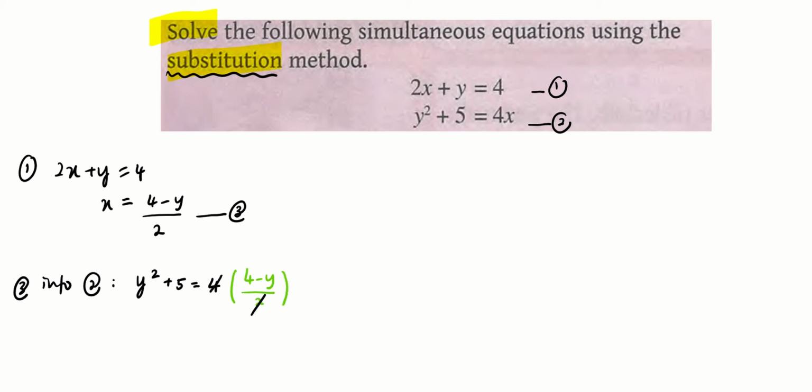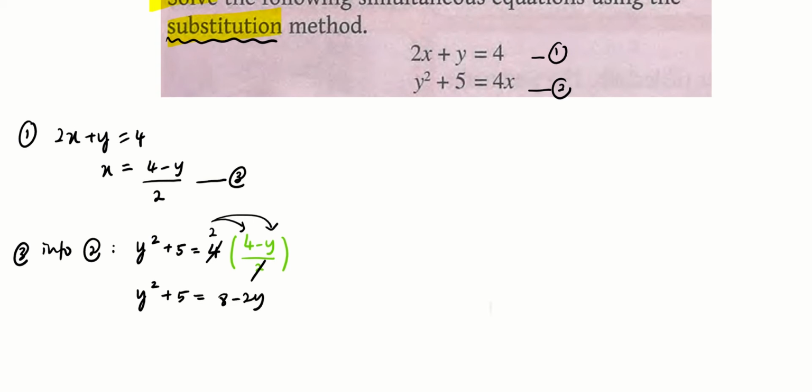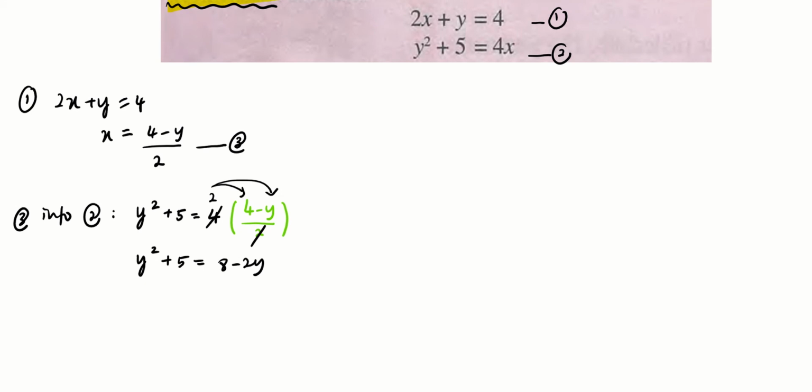So 2 and 4, it becomes 2. I'm going to expand inside the bracket. So it becomes y squared plus 5 equals 8 minus 2y. Here, we can see that we can make this into the general equation of quadratic, ax squared plus bx plus c equals 0.